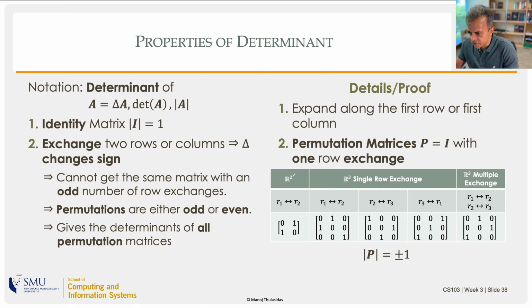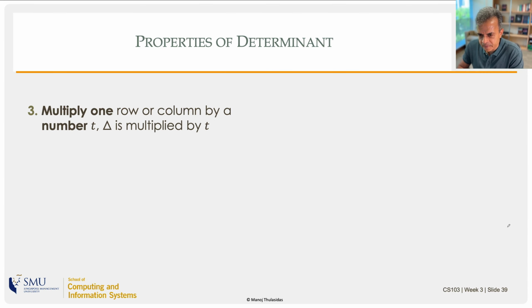I should have actually said 2 by 2, but for reasons that might become obvious later in your linear algebra life, this is sufficient. Okay, so it's swapping R1 and R2, you get this matrix, and that has a determinant of -1. And if you have multiple swaps, 2 in this case, if you sit down and compute the determinant, this is going to be +1.